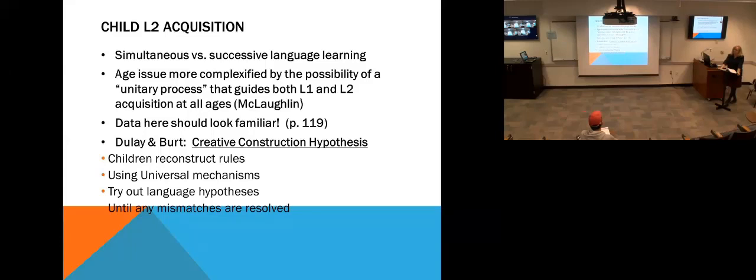For example, if your language has regular past and irregular past, and you've learned that already, then when you're faced in your second language as a kid with an irregular past and a regular past, it might be that that rate increases, right? Because you already understand that concept that there might be a regular and an irregular. So what they said is that children reconstruct rules, just as you were watching them do in the data analysis, that they're doing this using universal mechanisms, and we'll come back to that.